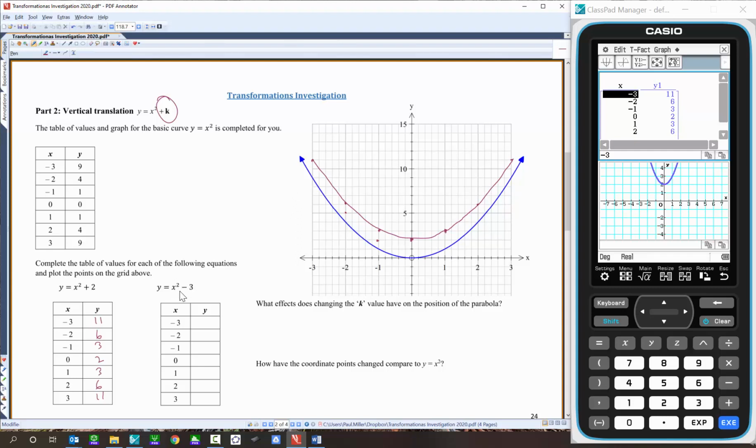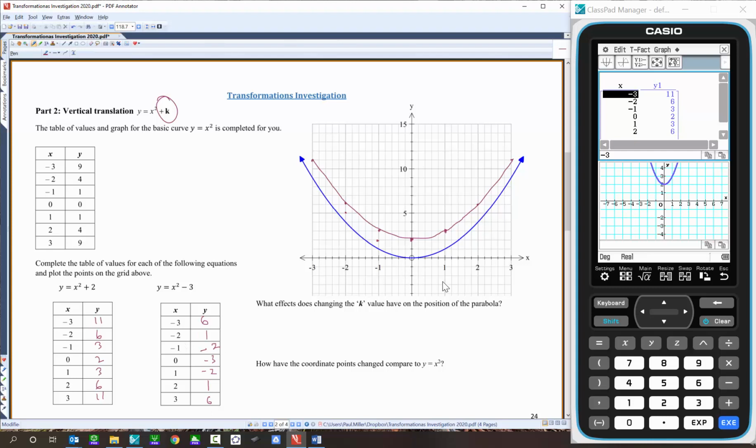Okay, see if you can anticipate what will happen here. This will be all of these squared values here, except we're going to remove 3 from it. So we're going to get 6, 1, negative, removing 3, negative 2, negative 3, negative 2, 1, 6. Right, let's plot those.